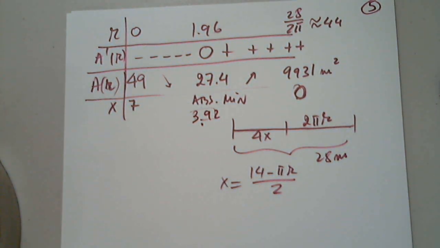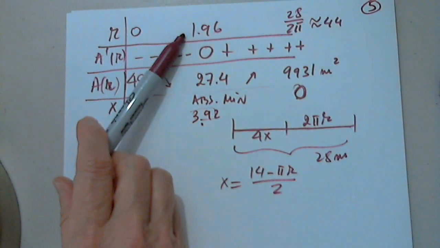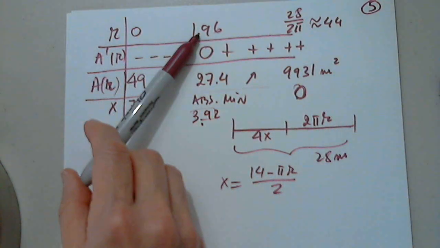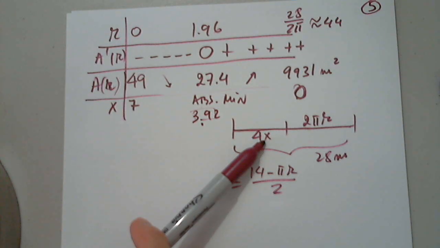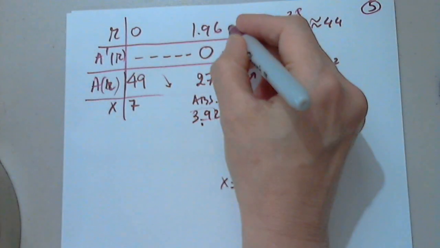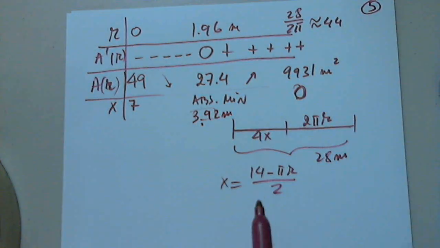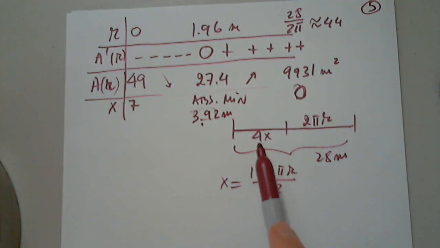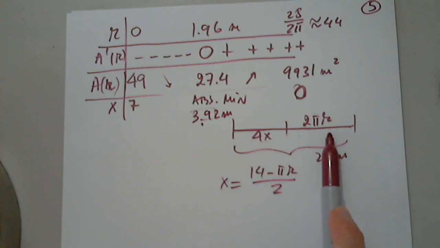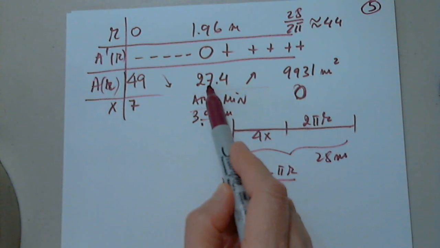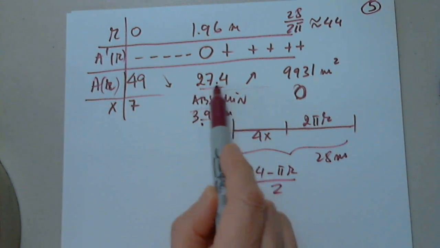So final analysis. When r is 1.96 and x is 3.92, everything in meters, the total area enclosed by the square and the circle is minimum, 27.4.